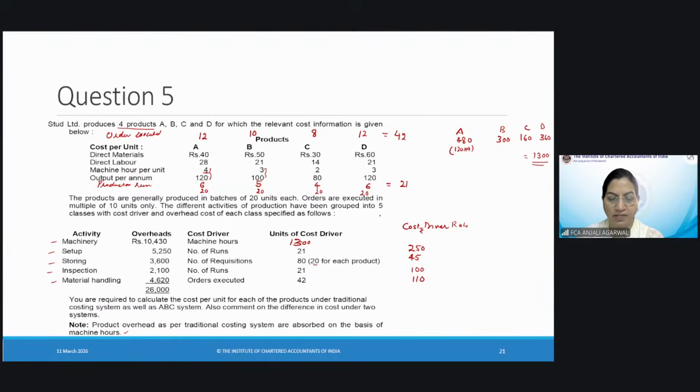This cost driver rate is a little fractional, 8.023.